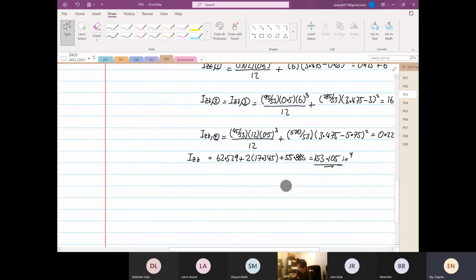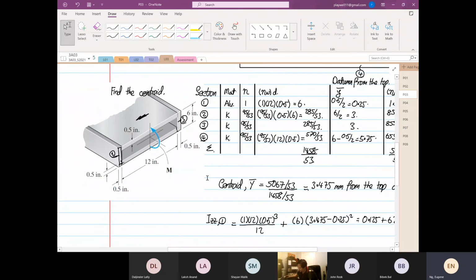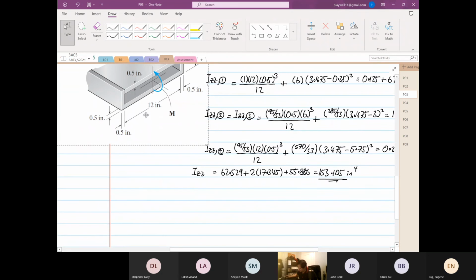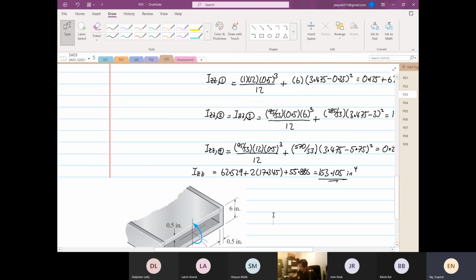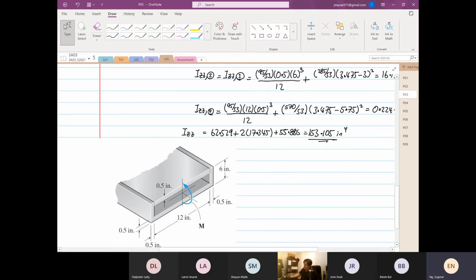So the question asks us to calculate the maximum stresses. Okay, so I'm going to bring the diagram again. The question asks us to calculate the maximum stress for the aluminum and the maximum stress for the brass.